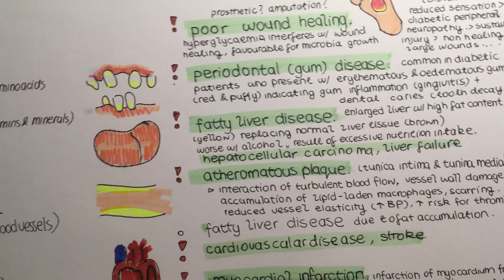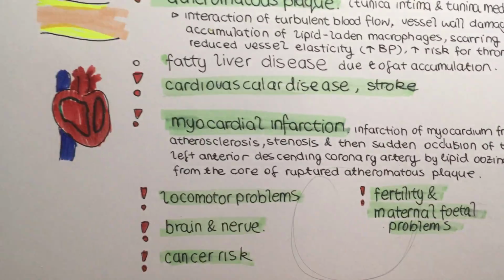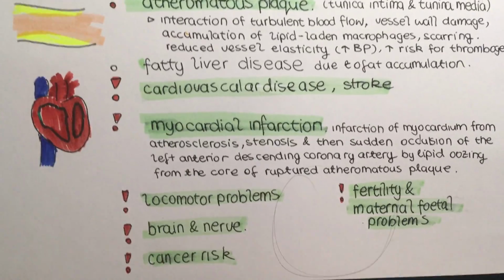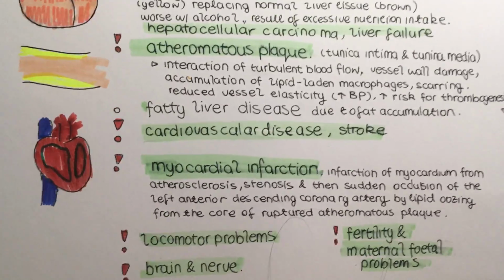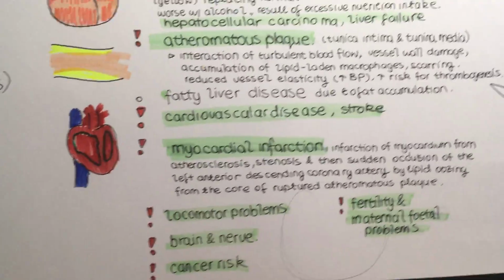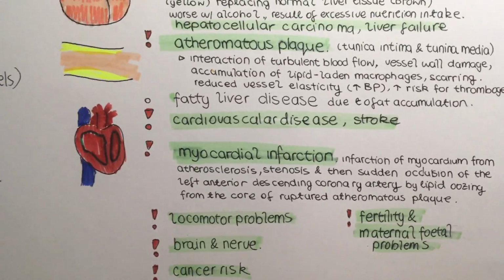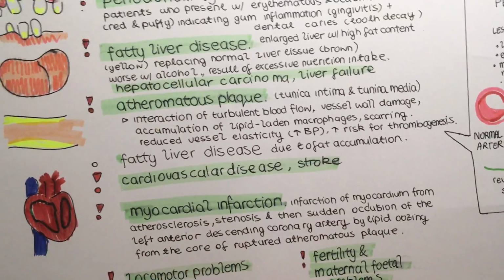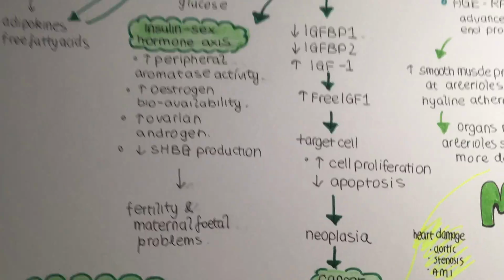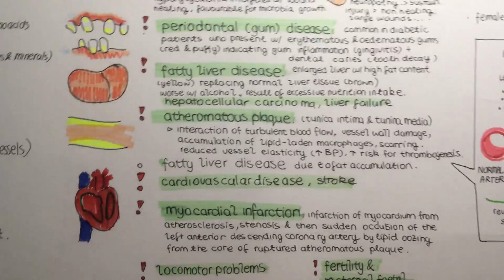Lastly, we have locomotor problems due to nerve damage, and just the increased body weight makes it hard to move around. Fertility and maternal fetal problems, which we have discussed, is as a result of impacts on the insulin sex hormone axis, and that's about all.